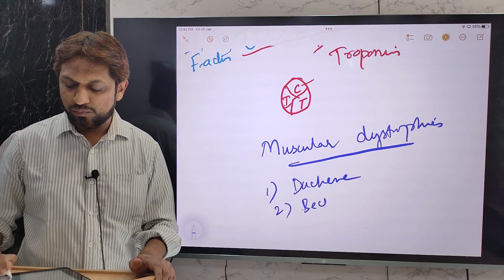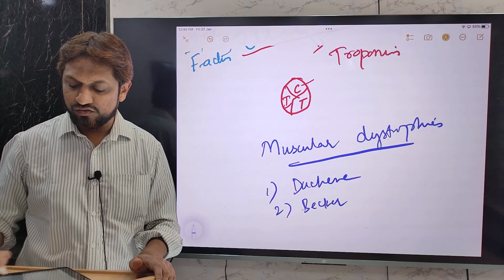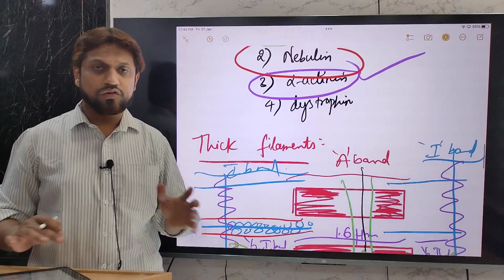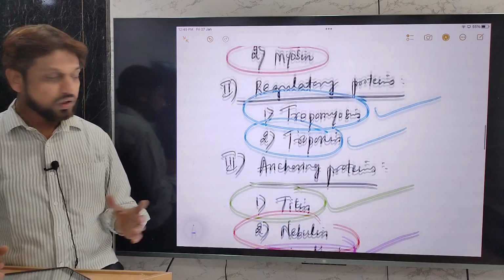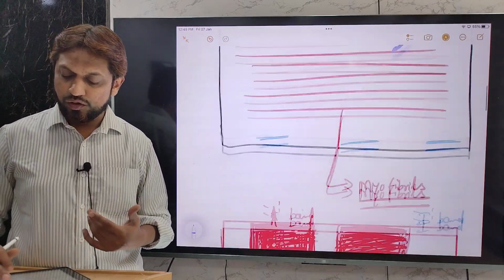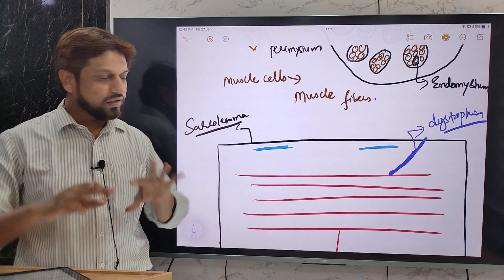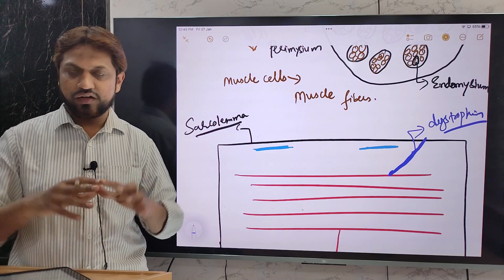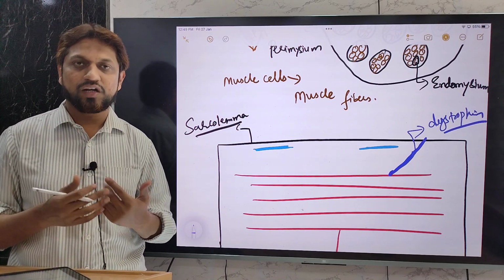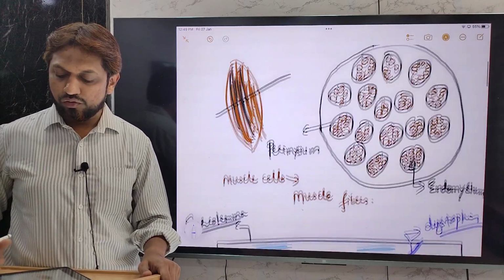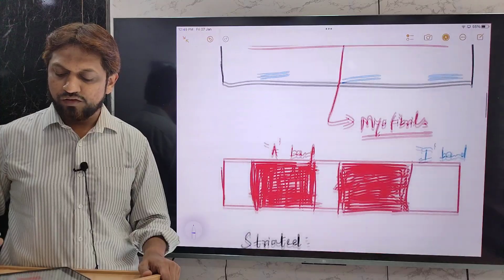We'll discuss these later in the pediatric section or some other section. Just remember, dystrophin connects the myofibrils to the sarcolemma, and if it is absent, the whole cytoskeleton structure will not remain the same, and it leads to destruction or fibrosis of the skeletal muscles.